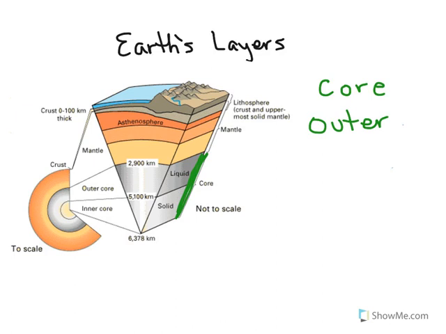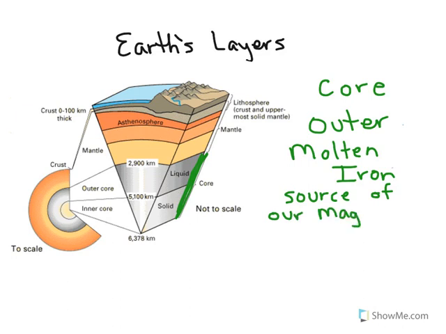A little bit of nickel is in there. But the outer core is where we have molten iron. And that molten iron is actually our source of Earth's magnetic field.